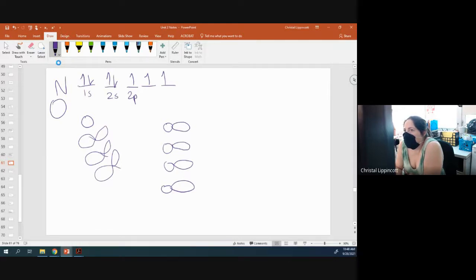Now, what if the 2p has down arrows as well? Would you add more orbitals to the 2p? Yeah, if this was oxygen instead, or let's make it fluorine, it would still look the same way. That would be fluorine. Okay? All right.